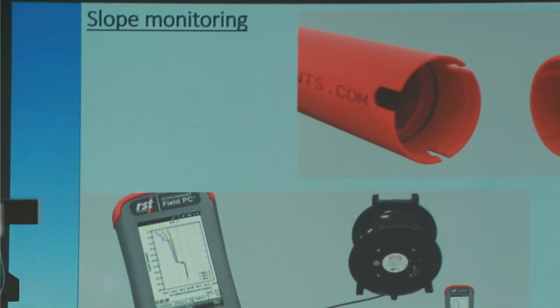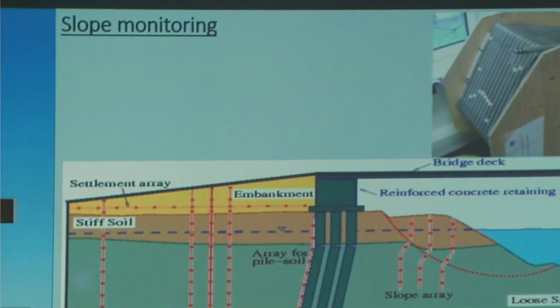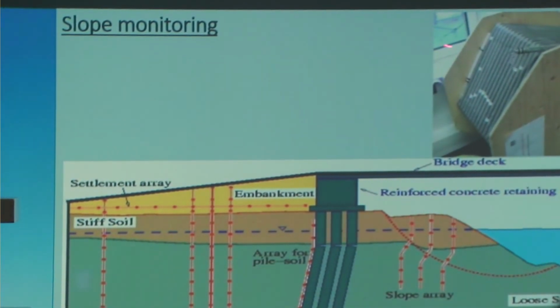Here is the shell of the inclinometer. We insert these measuring instruments, and then we get the position of the inclinometer at that particular time. For the shape accelerometer arrays, these are the arrays.